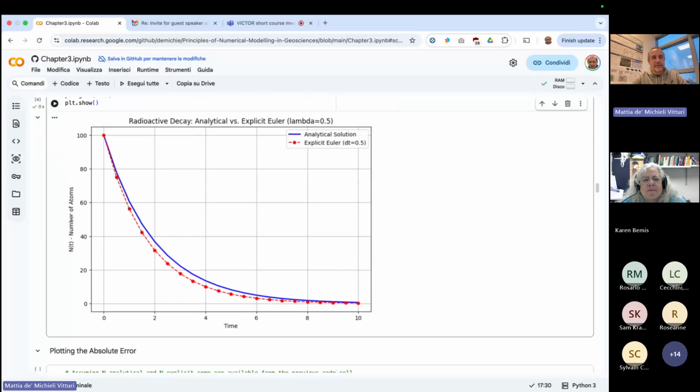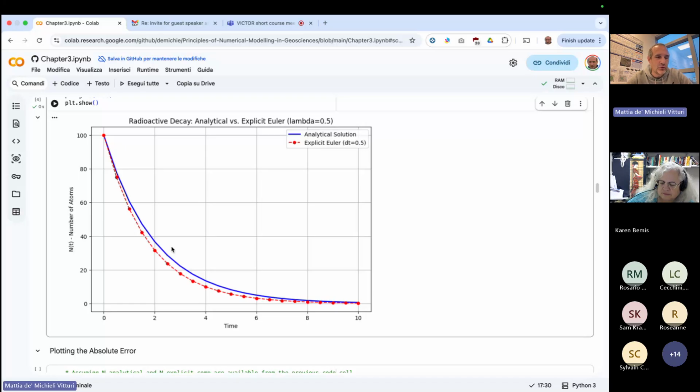And here we can see what are the plot. We can see that there are some differences that are larger here and then they decrease. So usually we are interested in what is called the error.